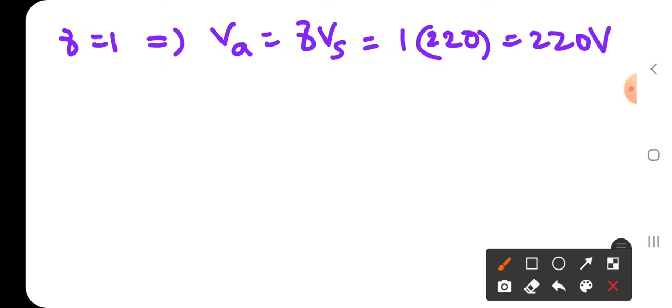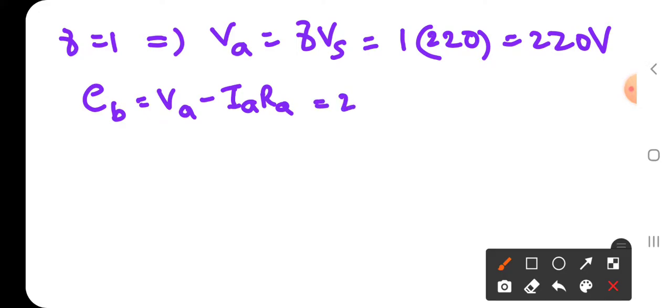Okay. Then what is EB? EB is equal to VA minus IA into RA, where VA is 220 minus IA is 25 and 0.2. Hence the value of EB is 215 volts.